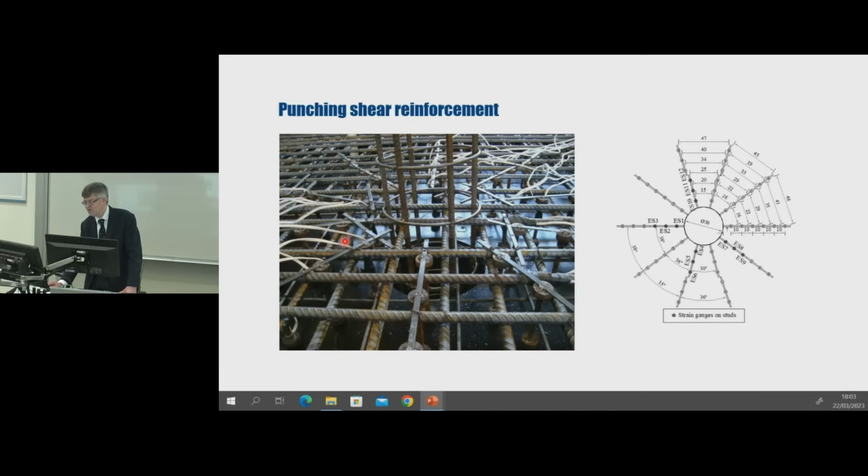This slide shows typical reinforcement arrangement in a punching shear test. The shear reinforcement consists of double-headed shear studs which are arranged in a radial pattern as shown.